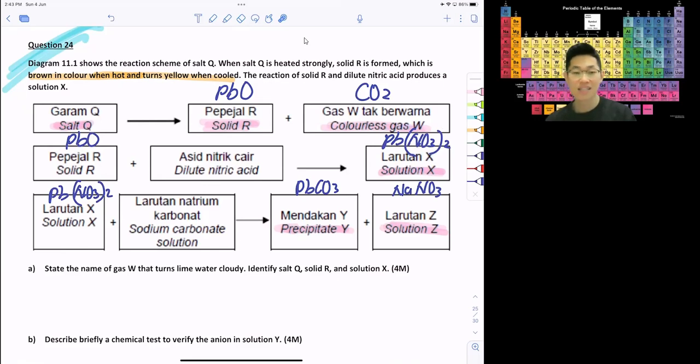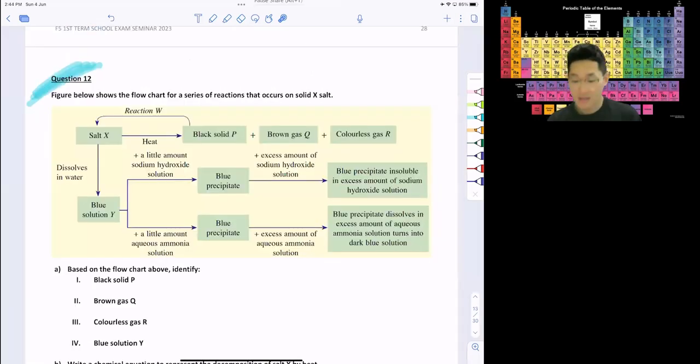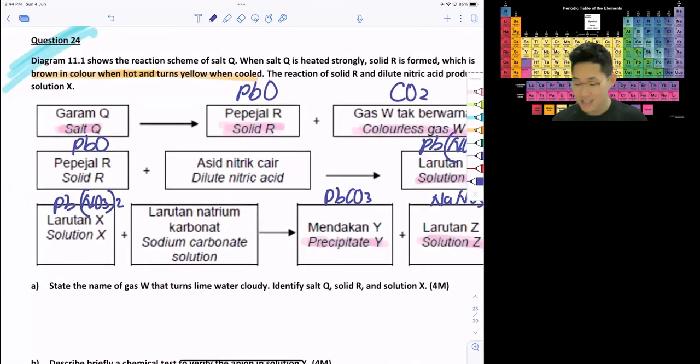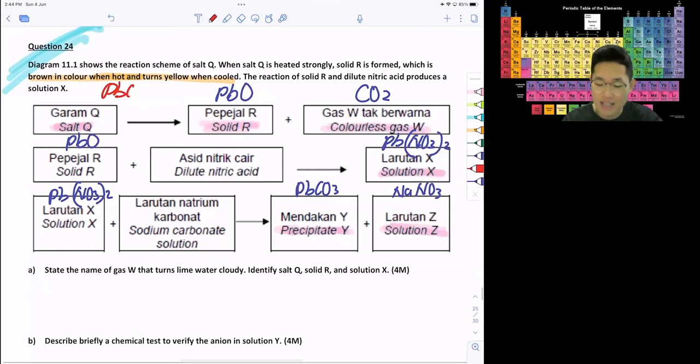Okay, page 29. Sorry. Salt Q is lead carbonate. Let me see. Q. Oh yeah, lead II carbonate. Sorry, I missed out one answer here. It is lead II carbonate.